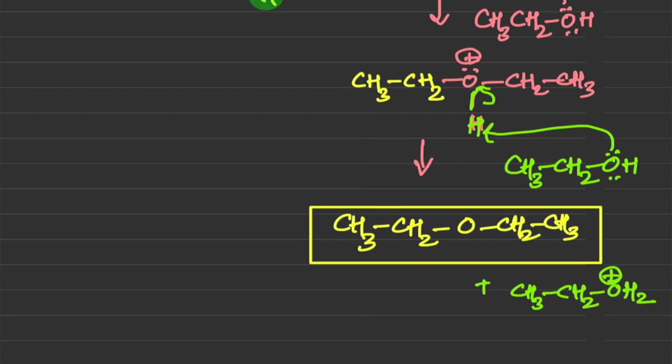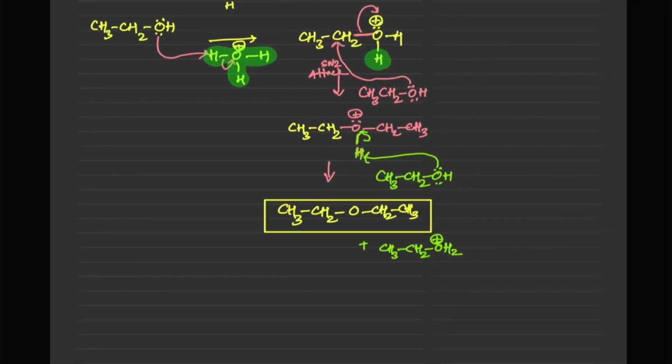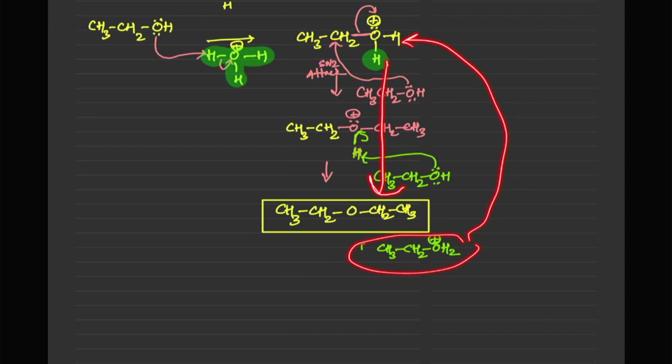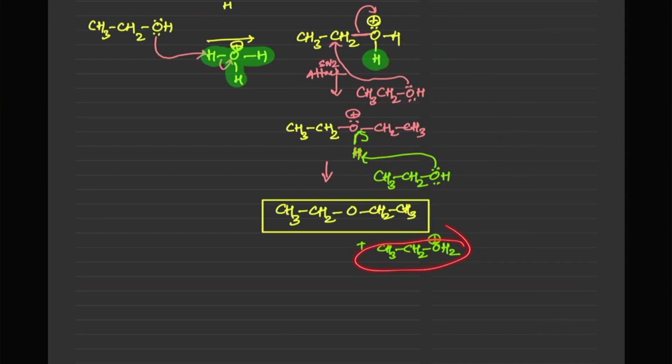And you see this CH3, CH2, OH2 plus is the same thing as this one, right? So these things can recycle over and over again. Let me highlight this. This thing is exactly the same thing as this here, so both of these can recycle over and over.